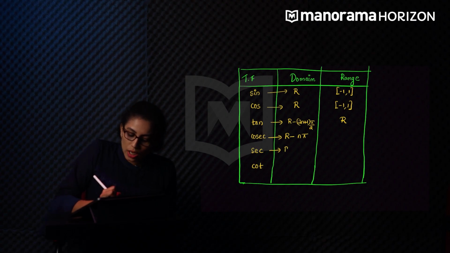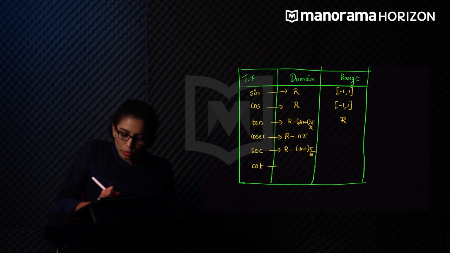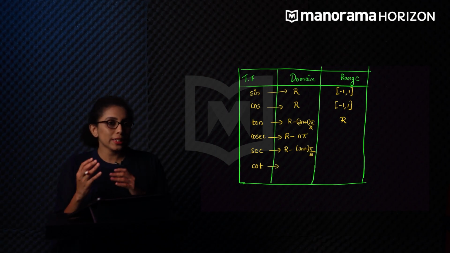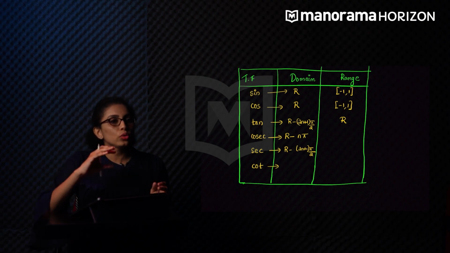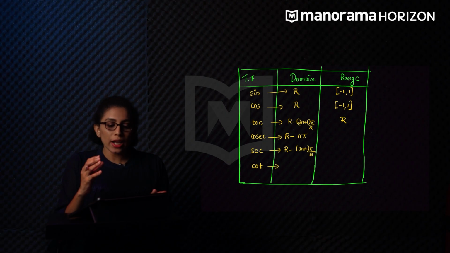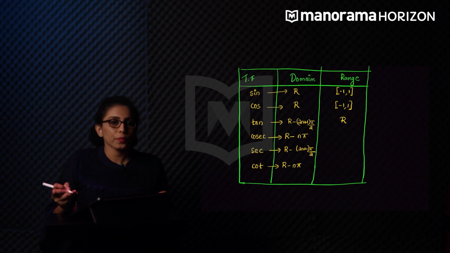So, which is R minus (2n plus 1) into pi by 2. Alright. Now, what about cot? Cot is 1 by tan, or we can write it as cos x by sin x. So, we have to exclude those values where sin is 0. So, what will be the domain? R minus n pi. Alright.